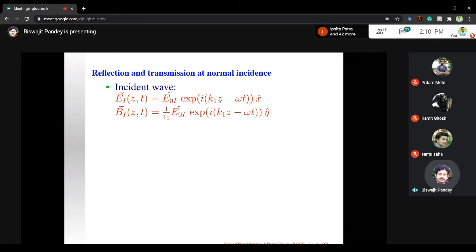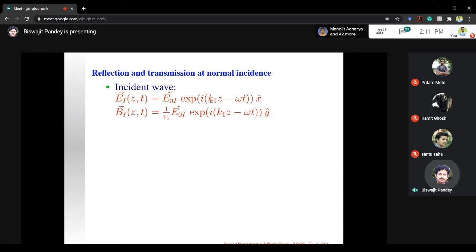So K1 cap is equal to Z cap. So Z cap cross E_I, and E_I has a direction along X cap. So Z cap cross X cap is equal to Y cap. This is the direction. So the formula for B is equal to 1 by velocity times K cap cross E_I, and we get this from this.